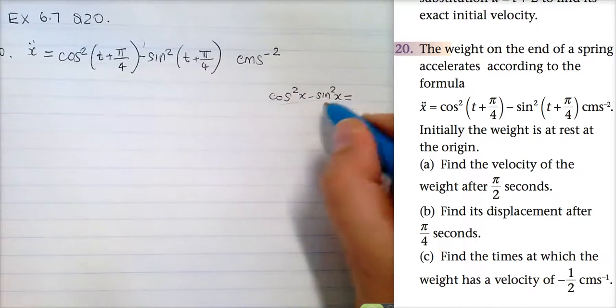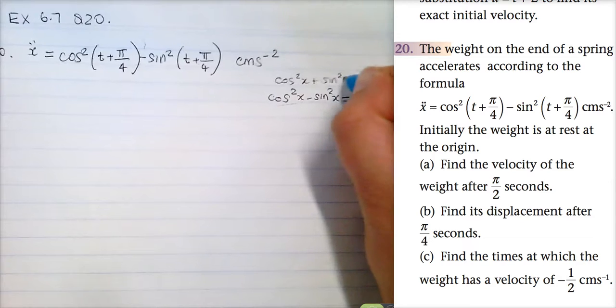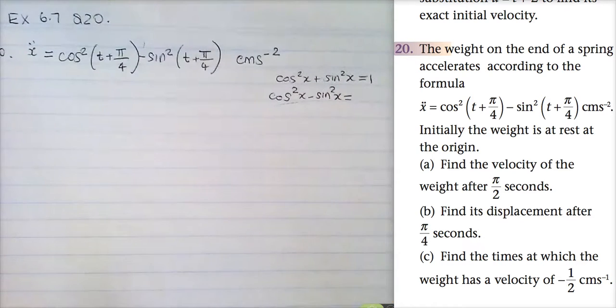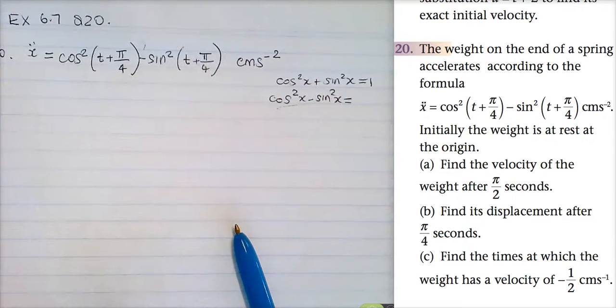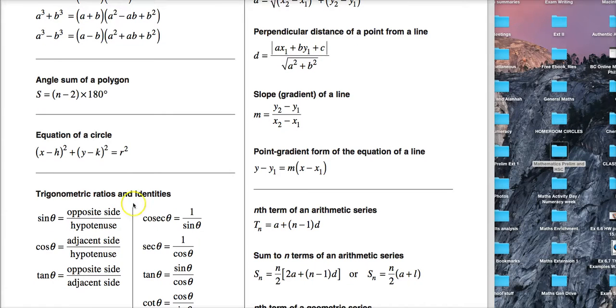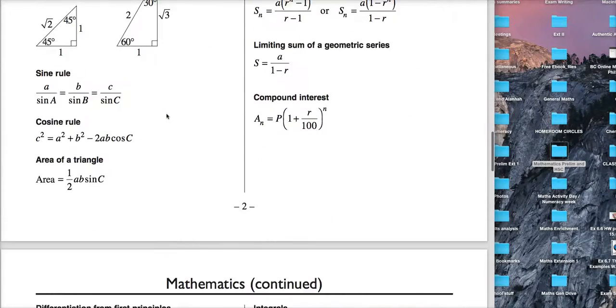This is 3 unit. This is what you're thinking of. Cos squared x plus sine squared x is 1. That's the 2 unit result. The 3 unit one, I'll show you. Here we go. And it's stuck. Here we go. Keep going.